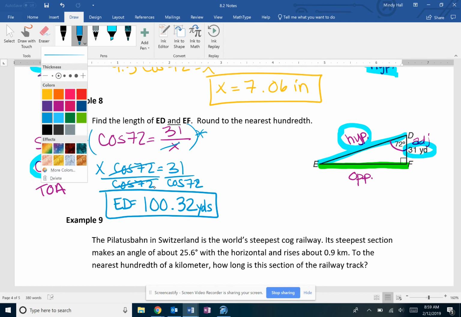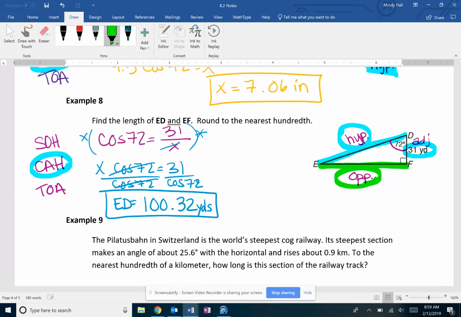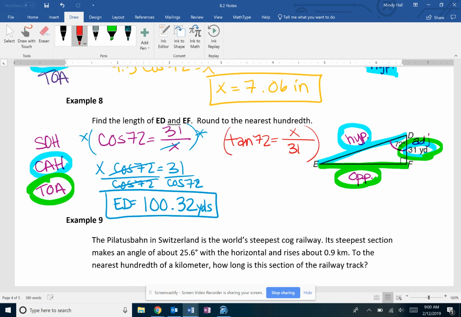Okay. So then if I am looking at EF, with EF, I need my opposite and my adjacent again because I don't know what it is. So opposite and adjacent is tangent. So we would have tangent of 72 equals opposite, which we don't know, so I'll just put x over adjacent, which is 31.